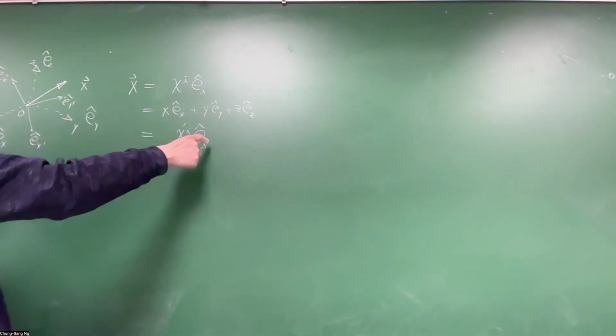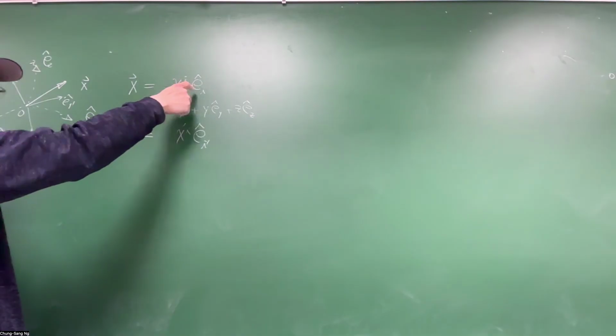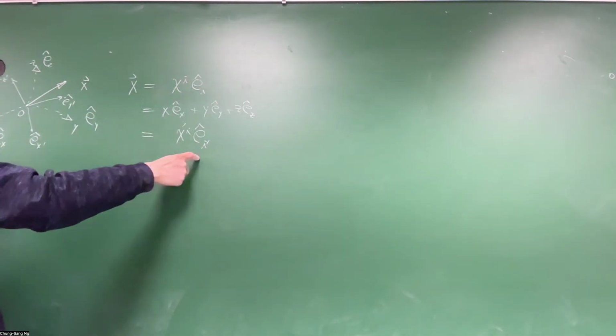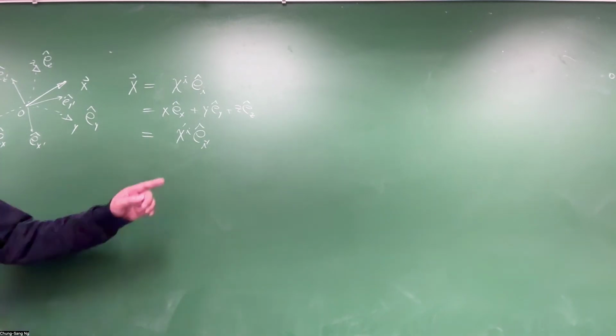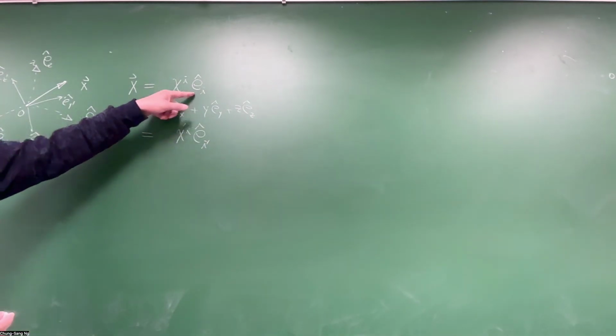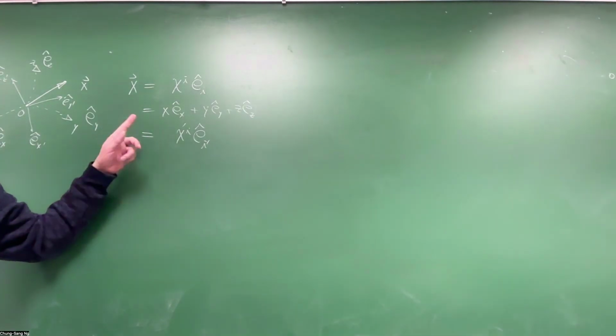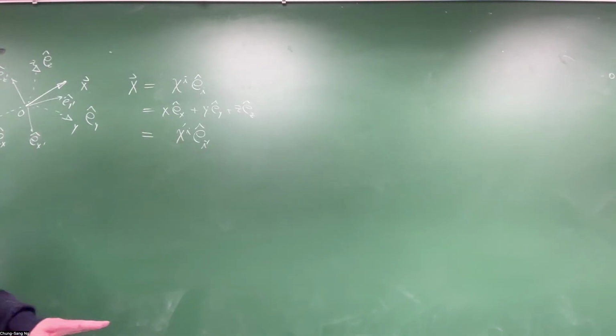And likewise, the unit vector, you can transform from one definition to another. If you rotate it, there's a transformation from the old unit vector to the new unit vector. And likewise the coordinates. And so that is the basics of a vector.